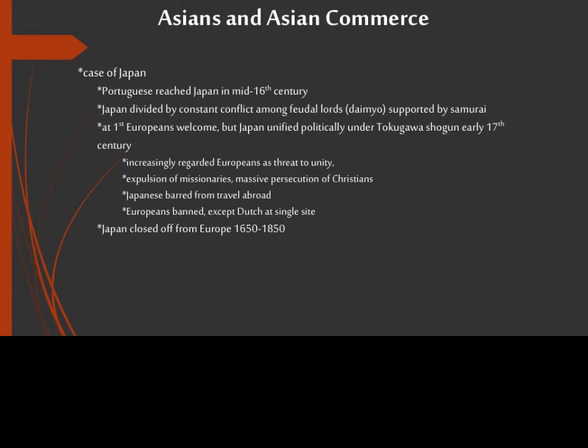Only the Dutch, who as Calvinists had little interest in missionary activities, were allowed to enter a single southern port to trade once a year. So all Europeans were banned except for the Dutch at a single site. And so thus Japan was closed off from Europe for 200 years, 1650 to 1850.